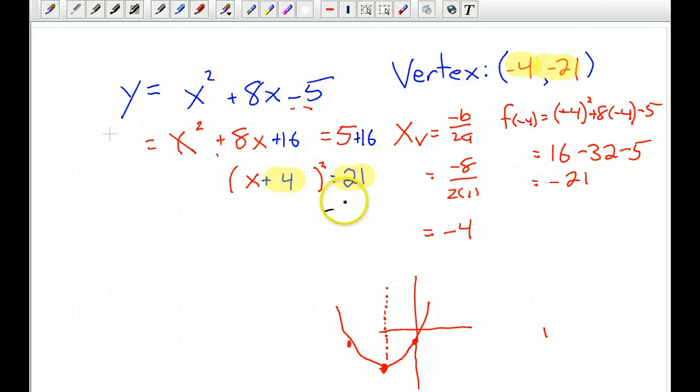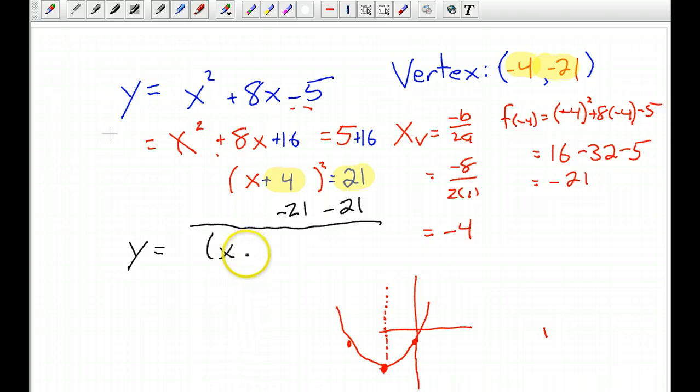So instead of square rooting both sides, we're going to move the 21 back to the other side. So now we have y equals (x plus 4) squared minus 21. And this is called vertex form.